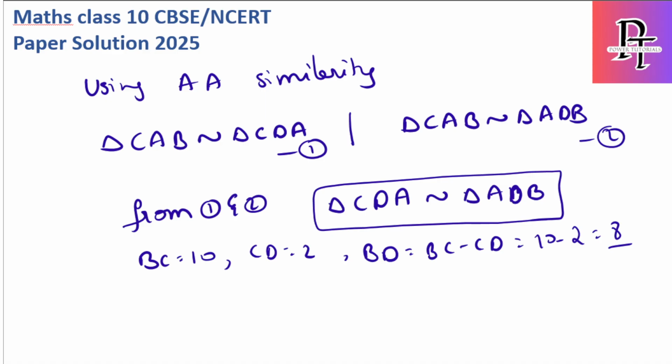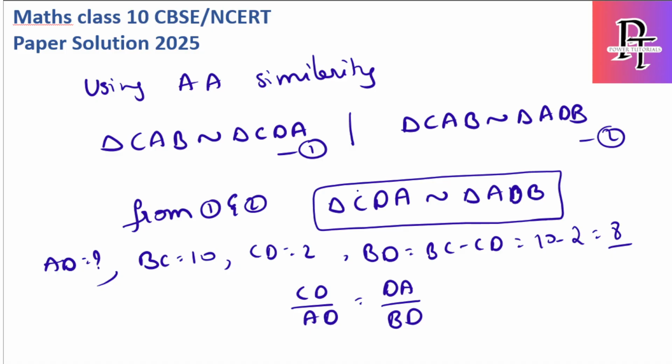What they are asking, AD value. So now using these two triangles, I can say CD by AD is equal to AD by BD.